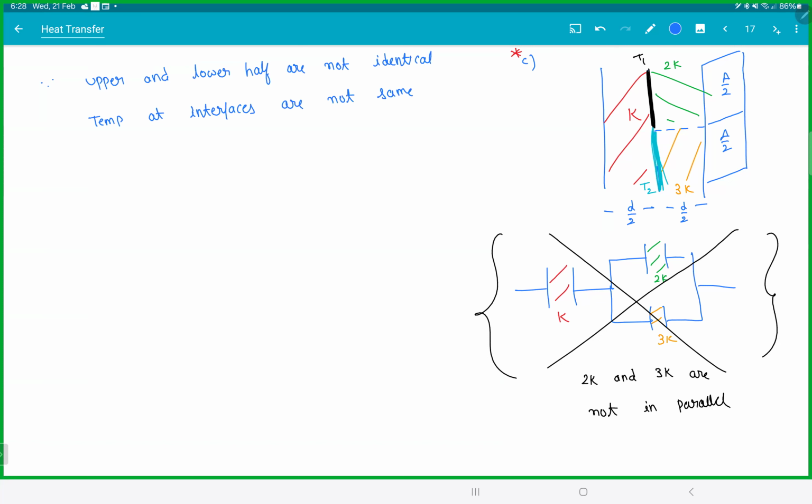If temperature at the interface is not the same, then the potential difference is not the same, right? Therefore, temperature difference across 2K and 3K is not the same.